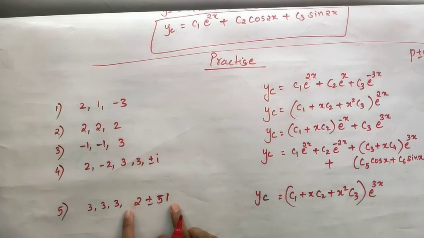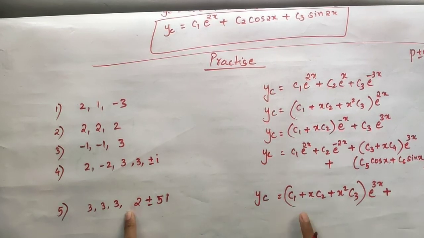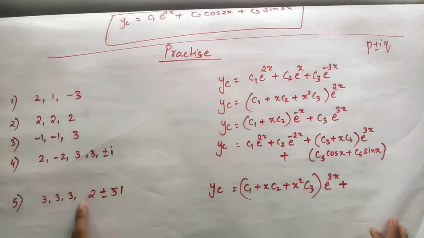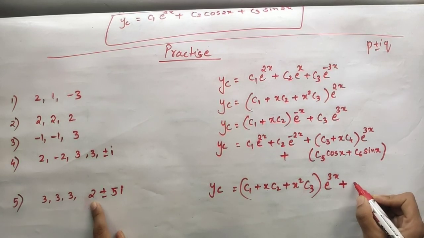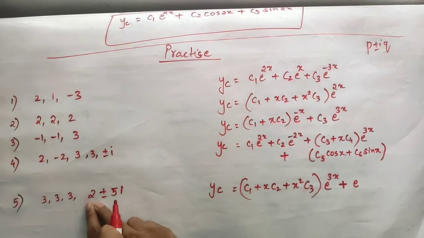Remaining part is here still. Okay, but which is the imaginary part. So continue your solution writing plus in between. Now already C1, C2, C3 are being used. So use some other constant and write the solution with respect for these imaginary roots. So it will be e to the power the real part of the root, what is the real part? It is 2.